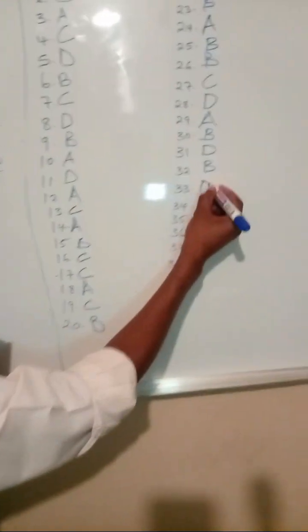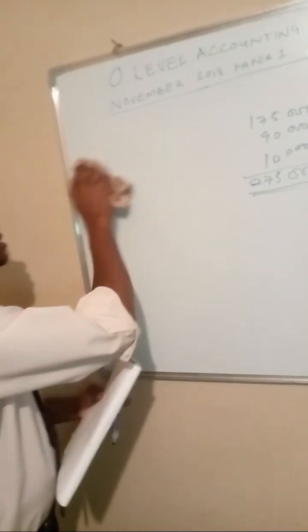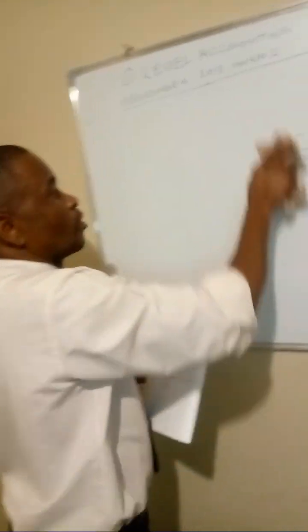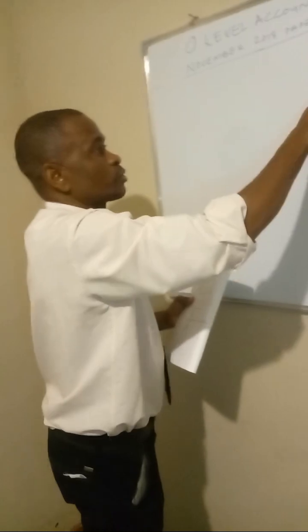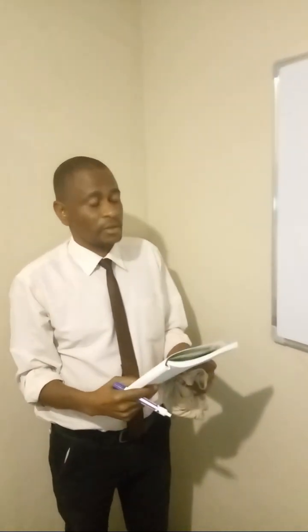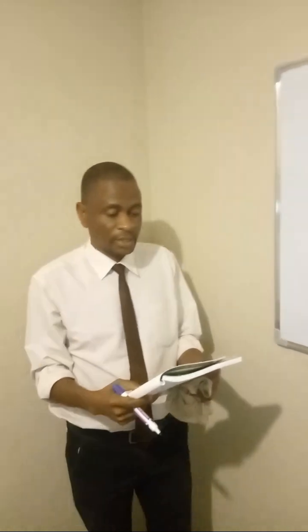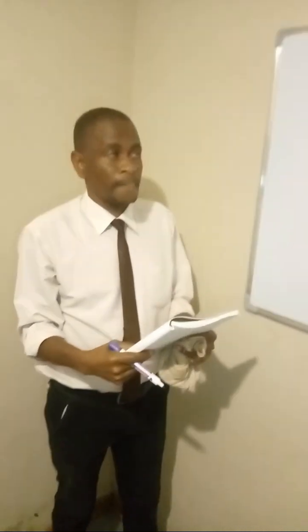The correct answer here is D, increase in both gross and net profit. So the option D, let me explain here. Closing stock has the effect of reducing the expenses when you are calculating the cost of sales. If you reduce closing stock, it will also reduce the profit. If you increase closing stock, it will also increase profit.